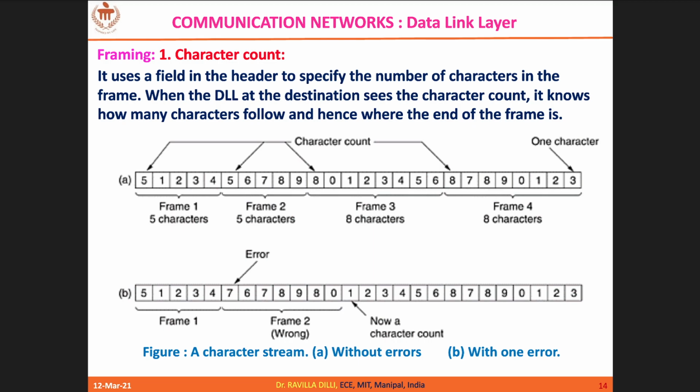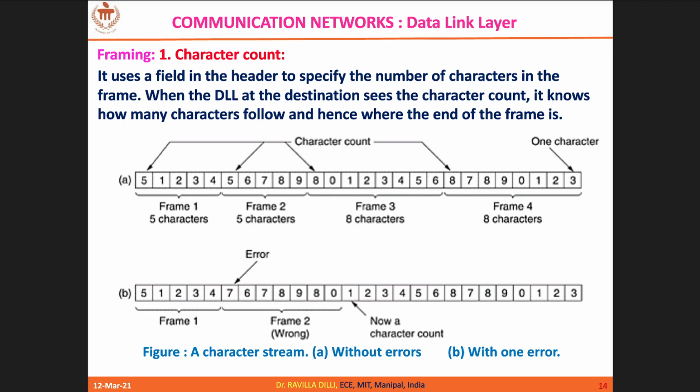So what is the conclusion out of this? The character count works well only when there are no errors. If there are any errors in the count field, the first field of the frame, then the boundaries of the successive frames get changed. In this example, in the first frame there was no issue.